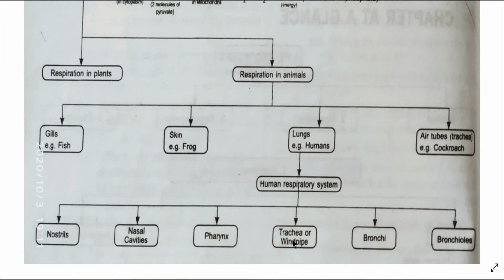Now this windpipe, you can see in the diagram also, is divided into two bronchi, and further it enters the lungs and is converted into bronchioles, small pipes. And the last ones open into a balloon-like structure, known as alveoli.